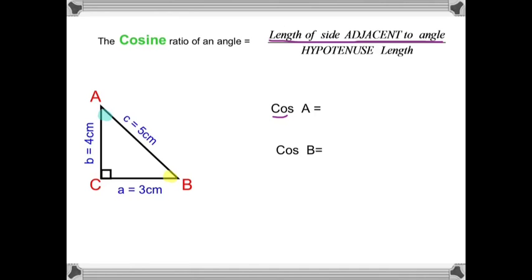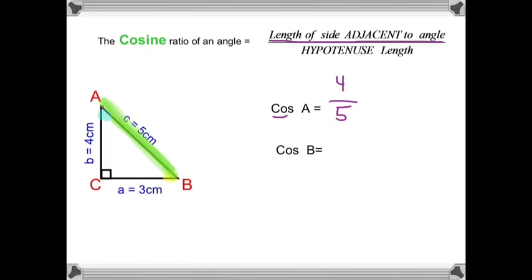If I look at angle A, the adjacent side to A is the side that makes up the angle A, but is not the hypotenuse. So this green one is always going to be the hypotenuse. Now the adjacent side associated with A is 4, and the hypotenuse is 5. So the cos of A is 4 over 5.